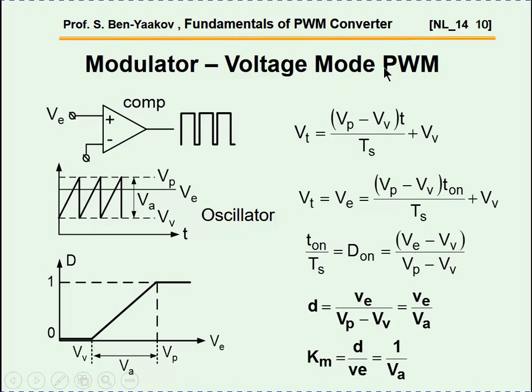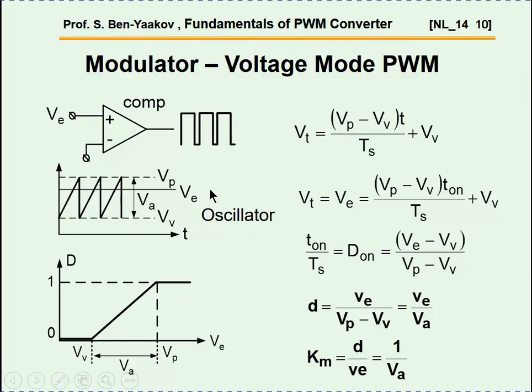So what is the modulator in the voltage mode PWM? What we have here is a comparator which compares the error signal coming from the error amplifier to a ramp type, a triangular repetitive wave, which is generated by an oscillator.